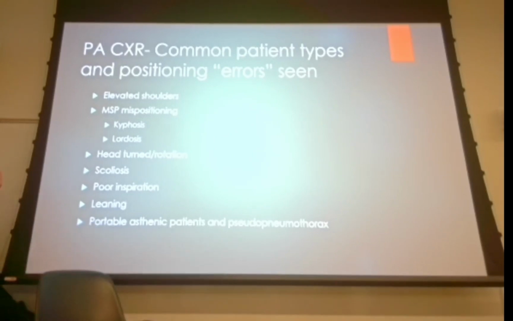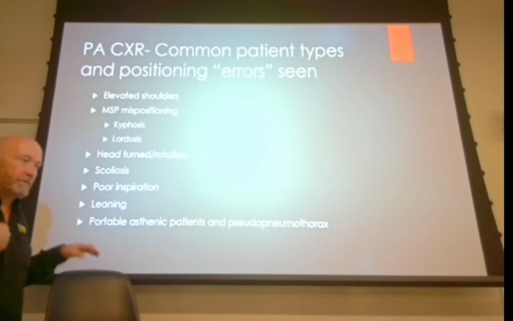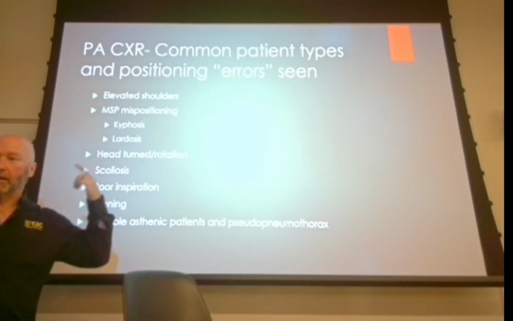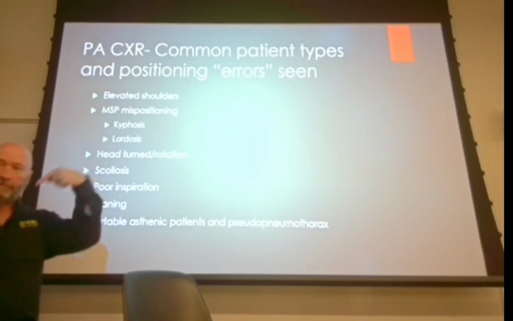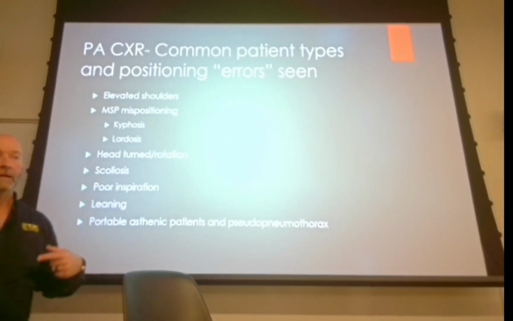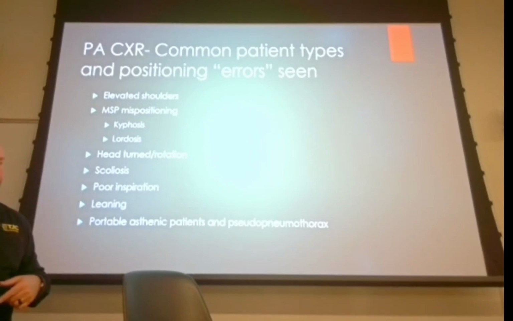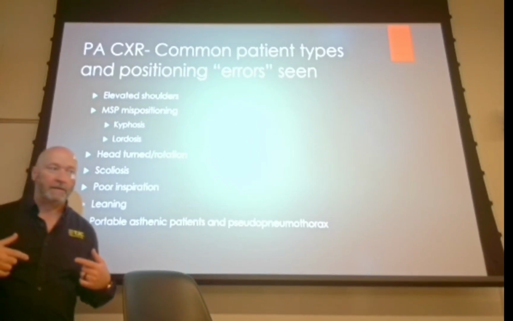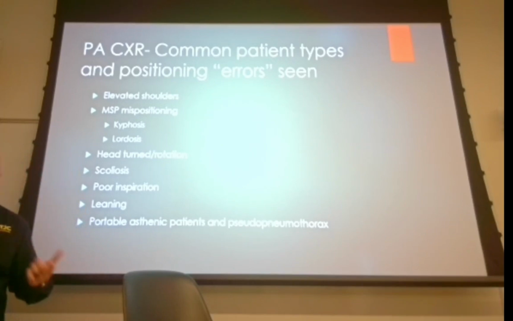All right, so I already talked about elevation of shoulders. What's going to happen with elevation of shoulders is that the medial end of the clavicles don't move, but the lateral ends elevate. So what you're going to see is a very steep V shape in the clavicles, and the clavicles are going to cover the apex of the lungs. Is that a huge deal? In the scope of things, probably not.